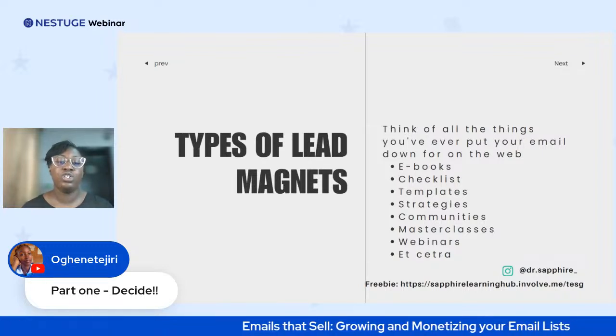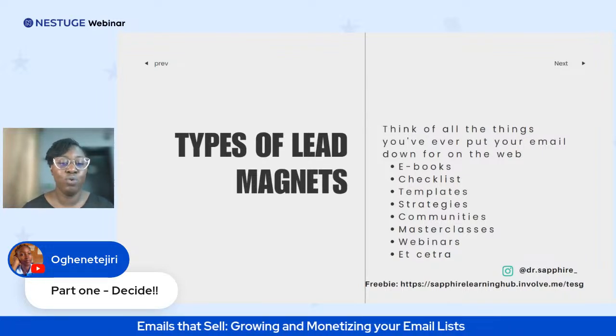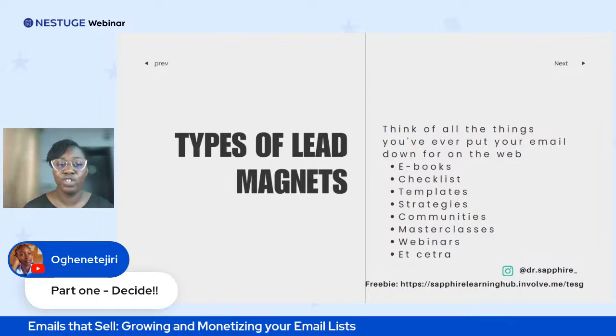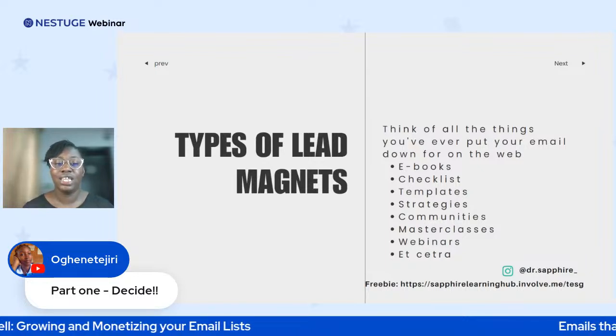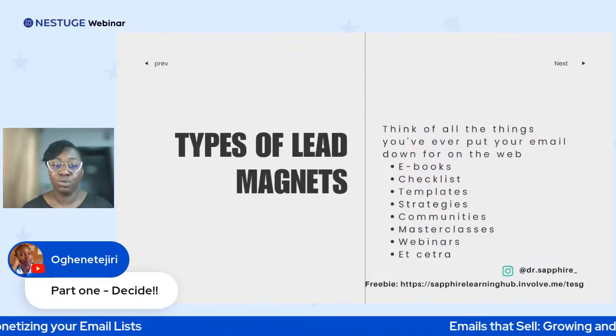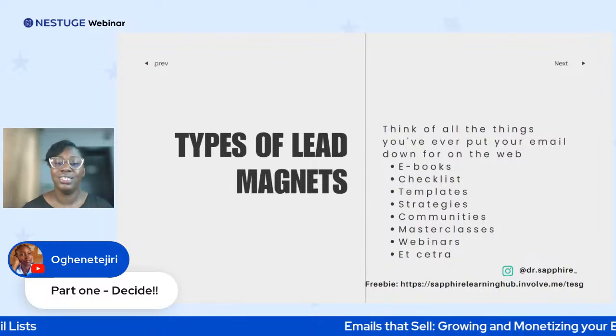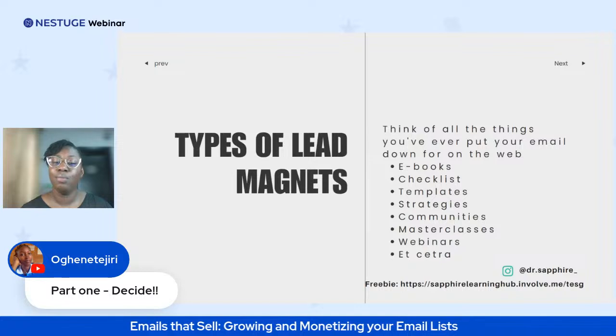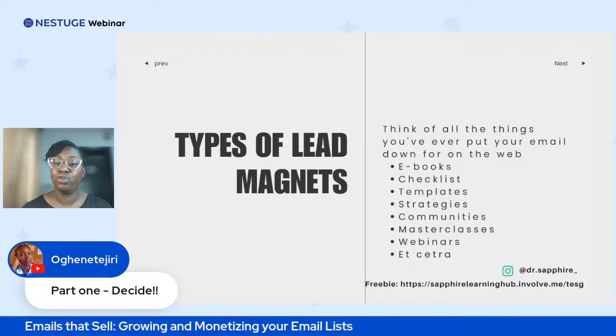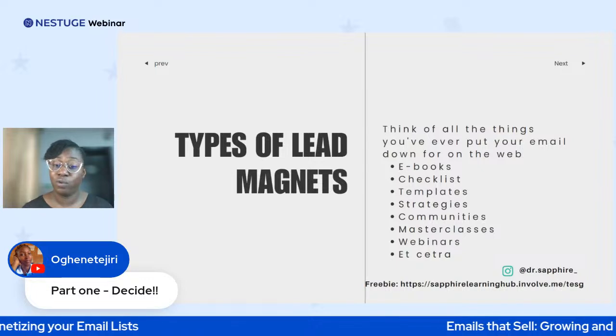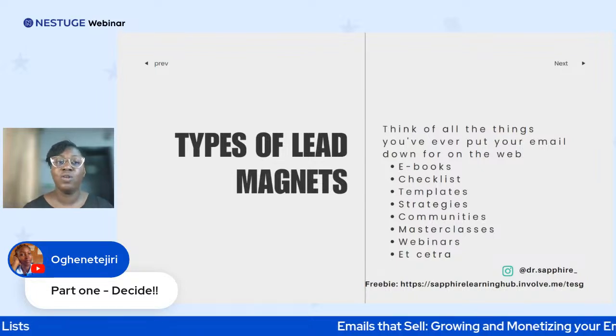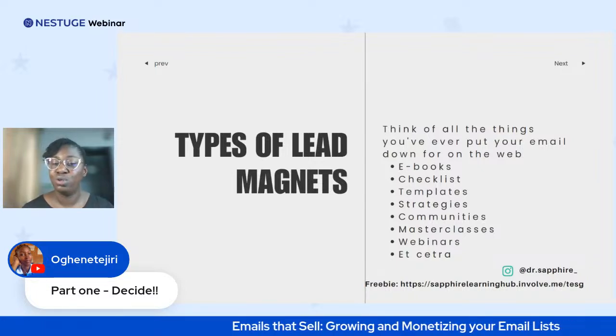All of these can be lead magnets that you can employ or deploy to be able to get people to join your email list. So, one of the things you want to do is take the first part and look at all those questions I asked before you decide on what lead magnet to create. Because remember, you're not creating for yourself, you're creating for the person that you want to attract.